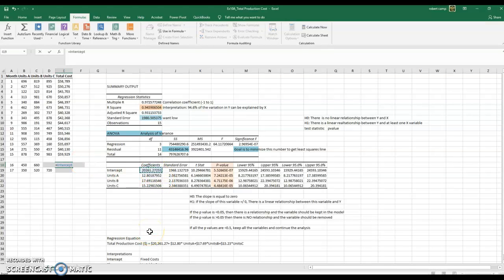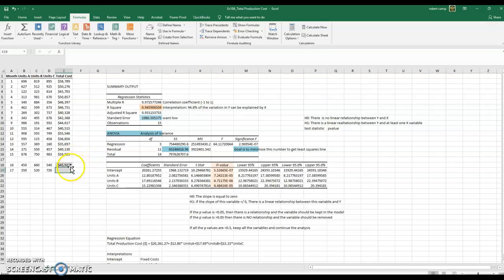So we've got the intercept plus whatever we're making of unit A times the slope for unit A plus whatever we're making for unit B. Since it's all hidden, I just use the right arrow to move it over to C18 times the slope for unit B plus, and once again the right arrow to get over one at D18 times unit C. And so now if I hit enter, we can see that that's what we're multiplying together.